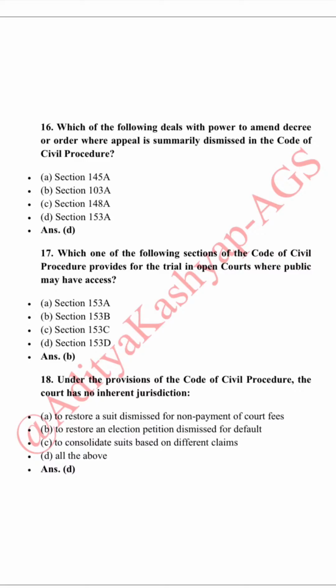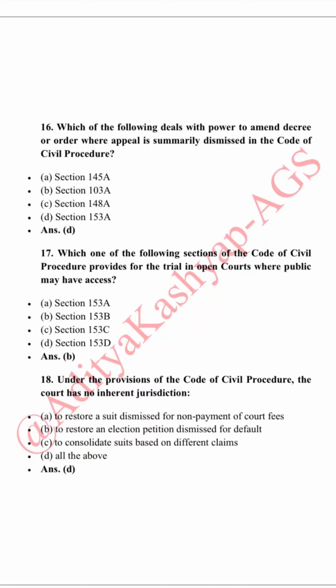Okay, the power to amend decree or order where the appeal is summarily dismissed is mentioned under section 153A, and court to be in open court is mentioned in 153B.